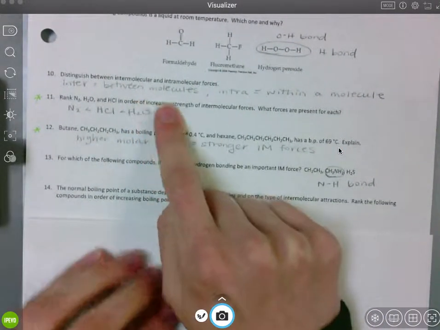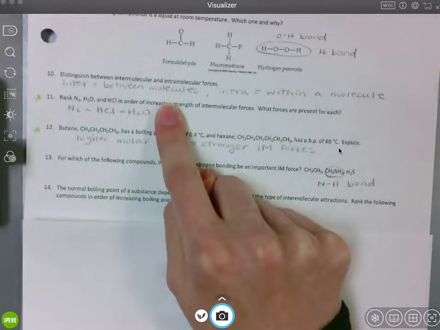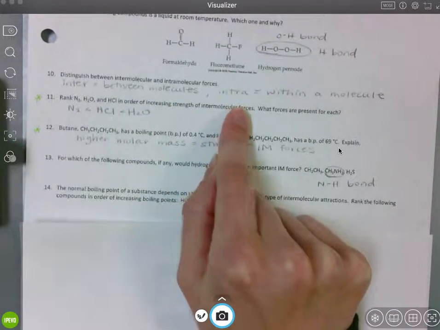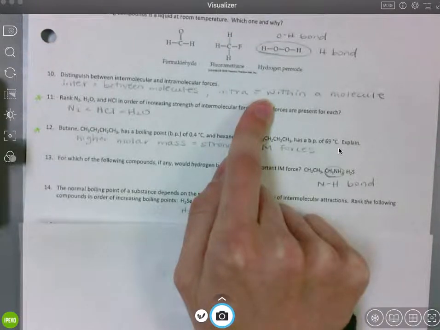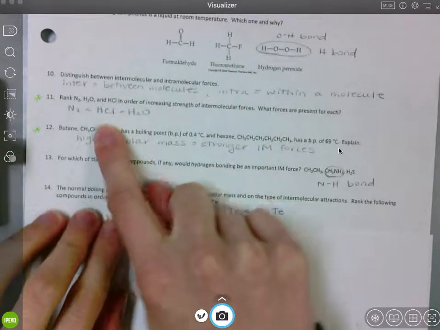Distinguish between intermolecular forces and intramolecular forces. Intermolecular forces, that's our definition that we first saw in the chapter handout, are between molecules, 2 different molecules. Intramolecular forces are within a molecule, so one molecule, like electronegativity and bonds and stuff like that.